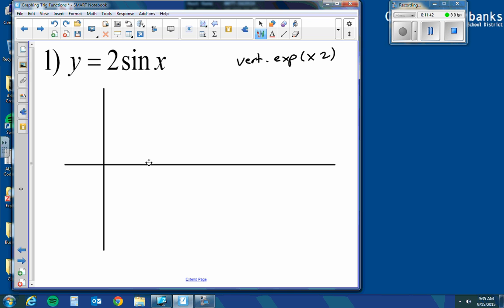Now that means nothing horizontal has changed. So put your normal numbers there. Your quadrantal angles: pi over 2, pi, 3 pi over 2, 2 pi. Now, you don't have to label the 0. It's just the origin, but I want you to realize there's really 5 marks that we use. It's our starting point and the 4 marks after it, because that corresponds to 4 quadrants.